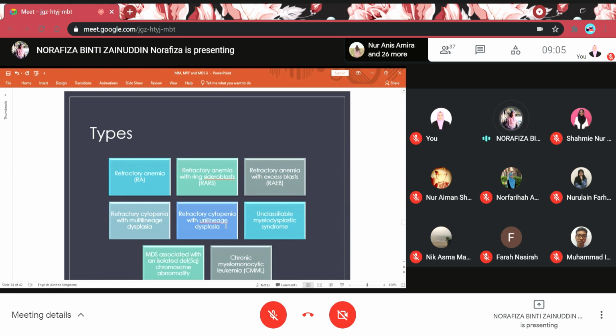There are changes in 10% or more of one other type of blood cell, and less than 5% of the cells in the bone marrow are blasts. Less than 1% of the cells in the blood are blasts. And for those with unclassifiable MDS, the number of blasts in the marrow and also blood is normal actually, and the disease is not one of the other MDS lah.